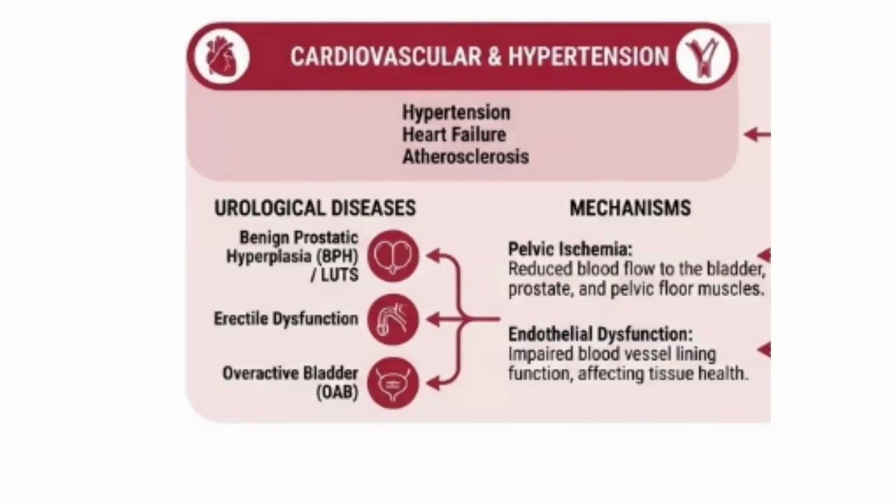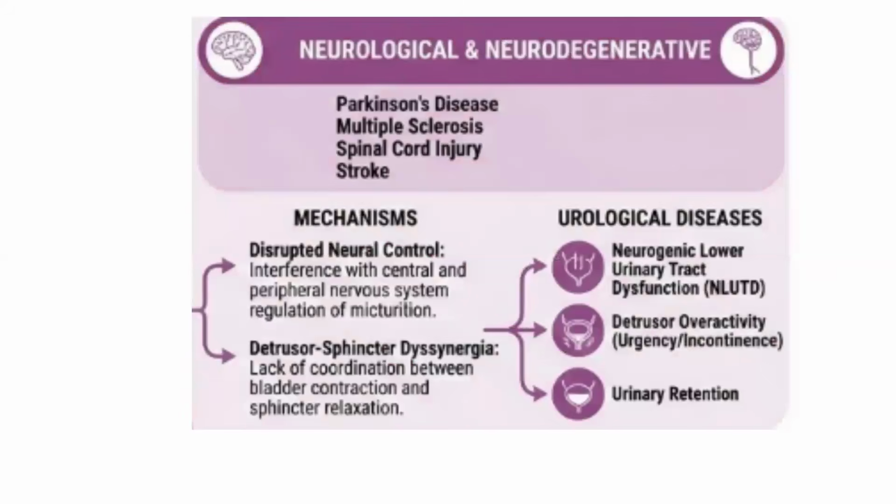So common causes: hypertension, heart failure, atherosclerosis, leading to reduced blood flow and endothelial dysfunction, and it can also cause prostatic hyperplasia, erectile dysfunction, and overactive bladder syndrome. Neurological and neurodegenerative diseases such as Parkinson's, multiple sclerosis, spinal cord injury, and stroke disrupt neural control, which interferes with the central and peripheral nervous system regulation of the micturition pathway.